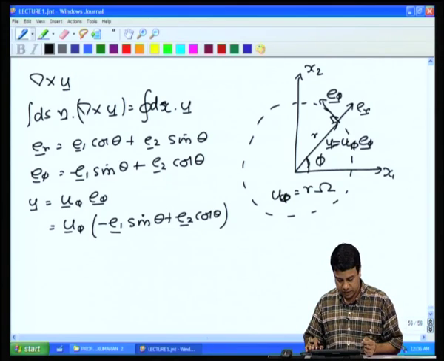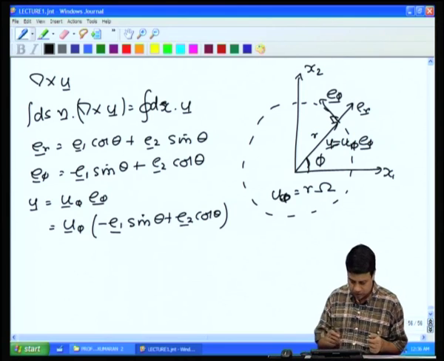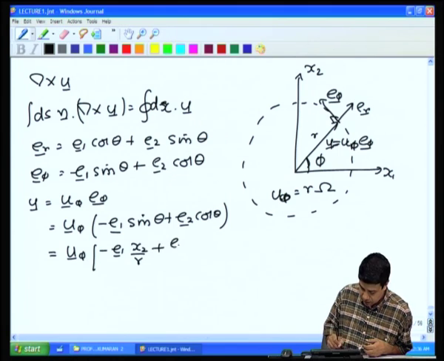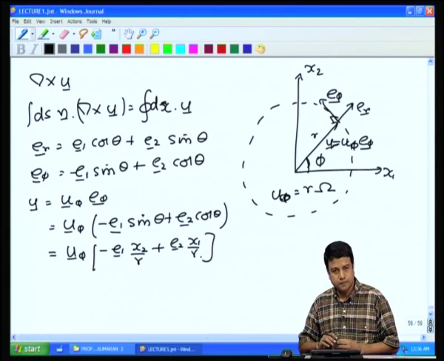Since sin theta is x2 by r, this is u phi into minus E1 x2 by r plus E2 x1 by r, because x1 is equal to r cos theta and x2 is equal to r sin theta.